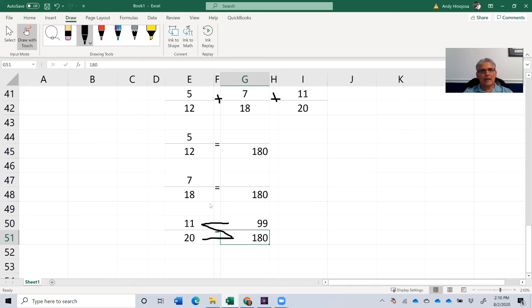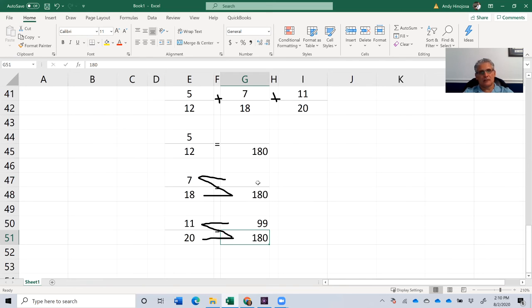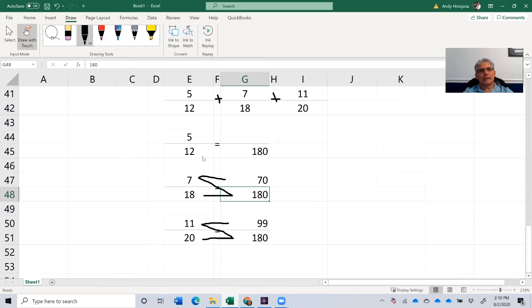We'll continue with the backwards Z. 18 goes into 180 10 times. 10 times 7 will result in 70. 12 goes into 180 15 times. 15 times 5 is 75.